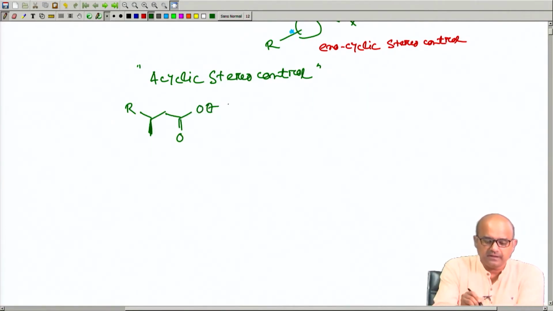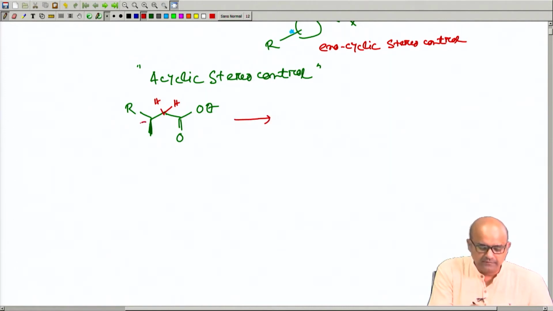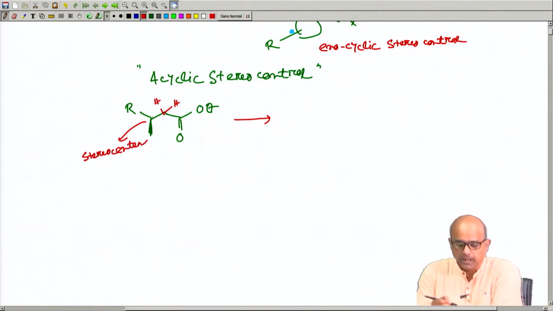Now, it means that you do have an acidic hydrogen which you want to abstract by base, and you do have a pre-existing stereocenter. This is your pre-existing stereocenter. So, this stereocenter should control the newly generated asymmetric center.